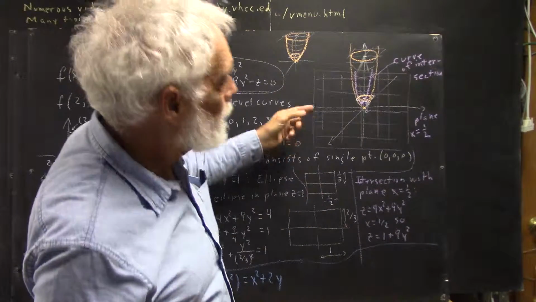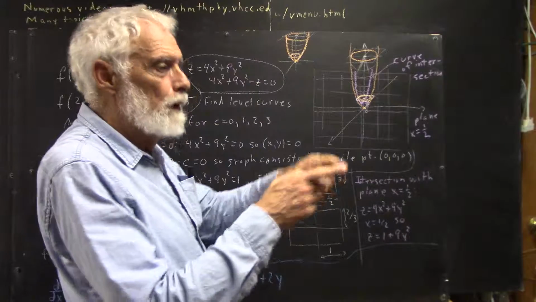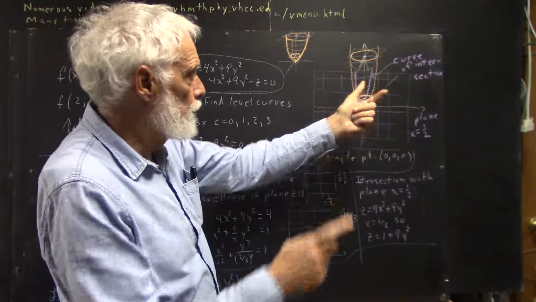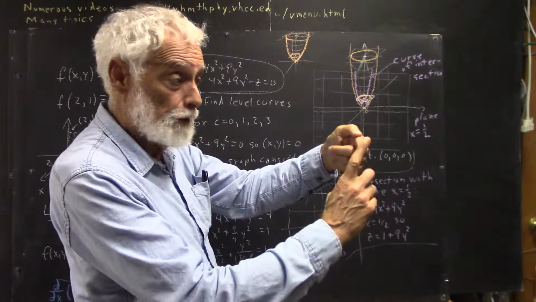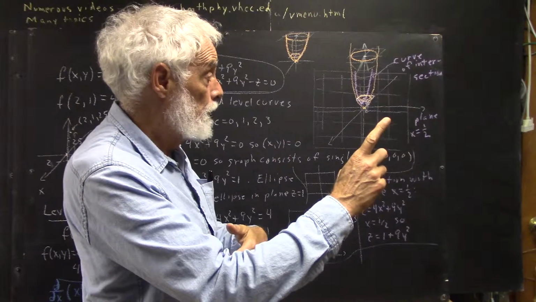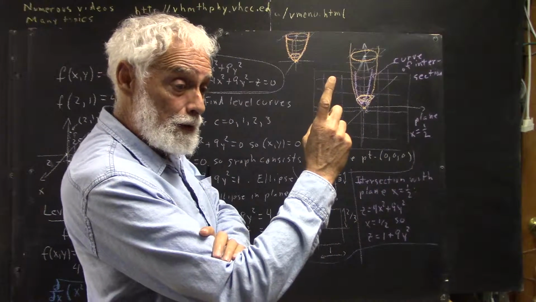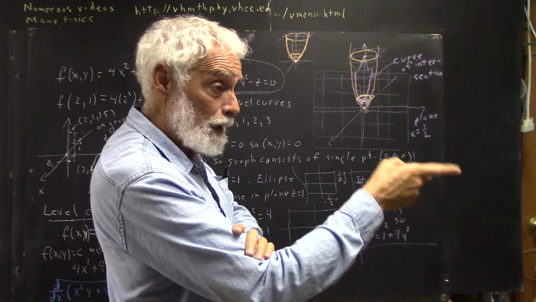Well, as far as the x direction goes, if you move from this point in the x direction, you're going to be moving along this parabola of intersection. It's going to be pretty steep. You're going to have a certain slope. Well, you can get a vector out of that. The vector is in the y direction and the z direction.